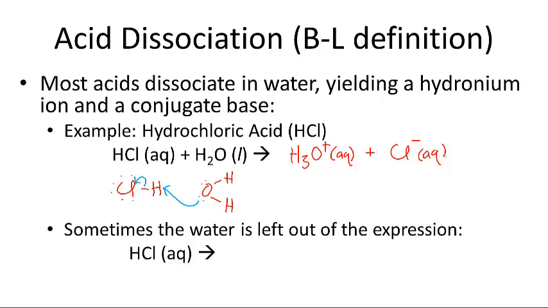Right, after this is done, we get Cl minus. Oh, I'm going to switch sides. Cl minus looks like this. It now has 4 lone pairs and then H3O plus.